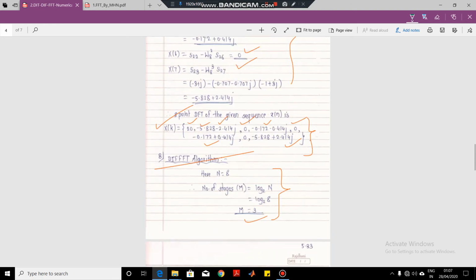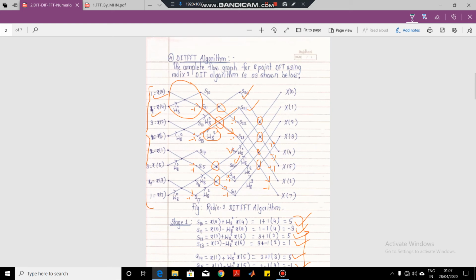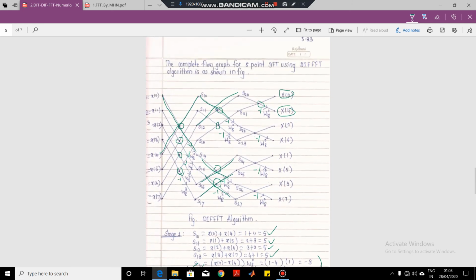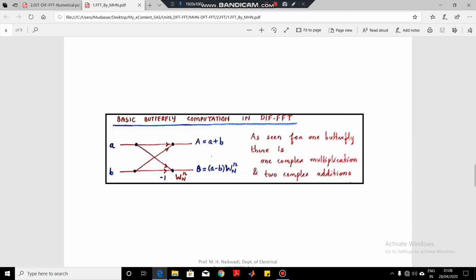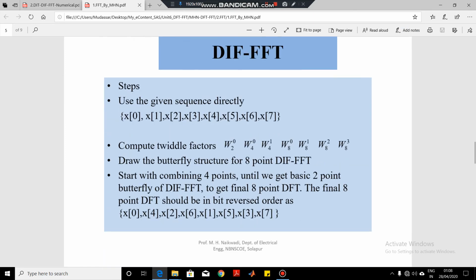Be careful. In case of DIT, we do the bit reversal of the sequence. The sequence is given in bit reversed order and we get the output in the normal order. But in the DIF algorithm, we give the input in the normal order. We have not changed the input, because this is what the DIF algorithm says: use the given sequence directly, that is x of 0 and so on. But the output you will get in bit reversed order.